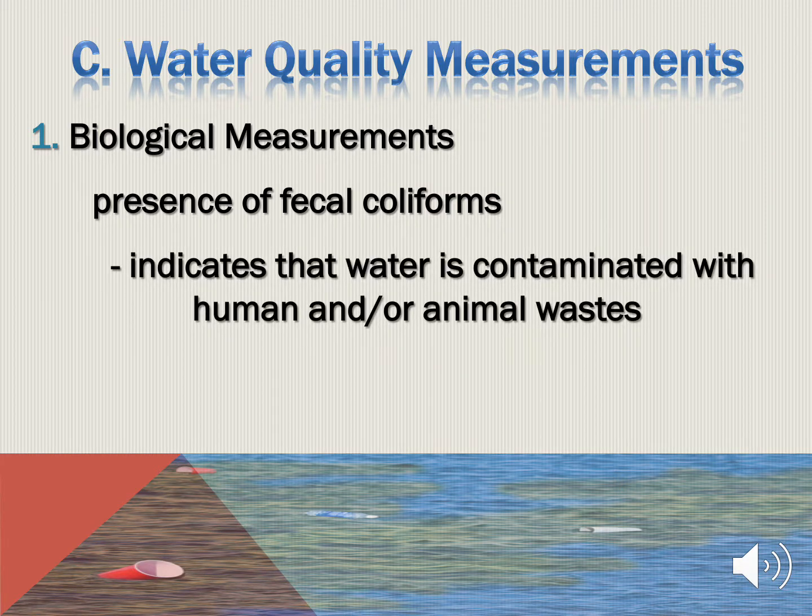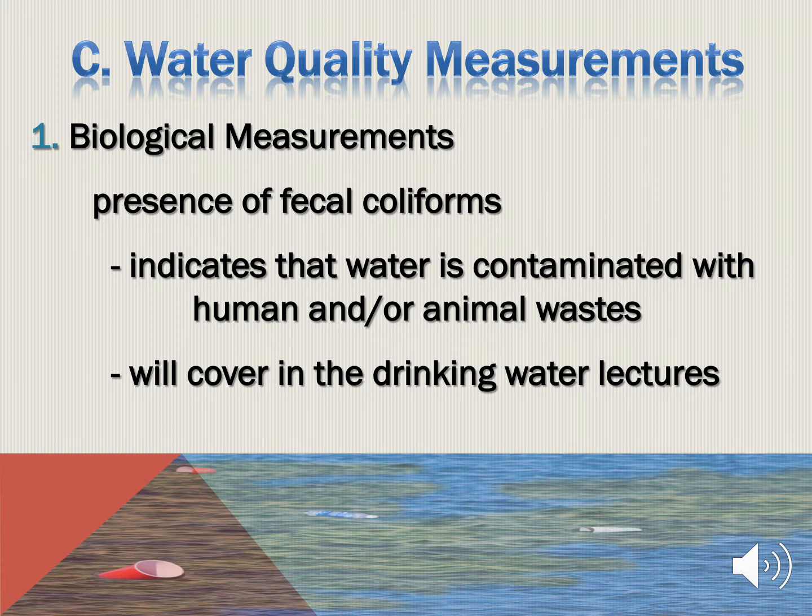Fecal coliforms, if you find them in water, it indicates that water is contaminated with human and/or animal waste. So that means you have pathogens present. We will spend time talking about fecal coliforms and the contamination of waters with human and animal waste. We'll cover that when we talk about the drinking water portion of this class.